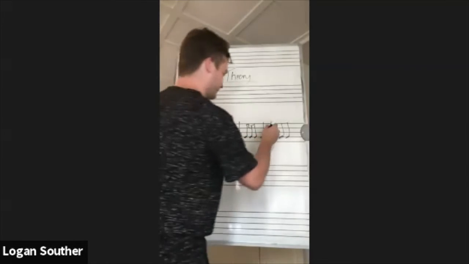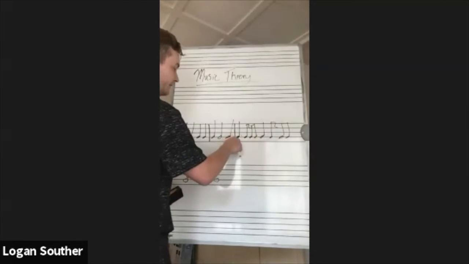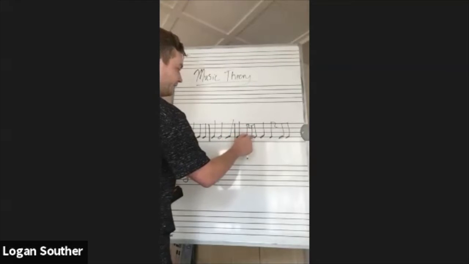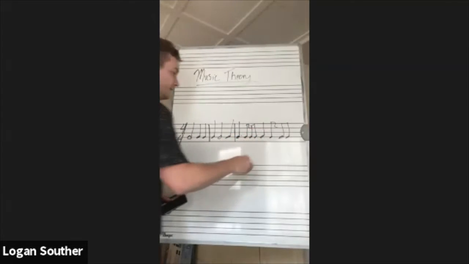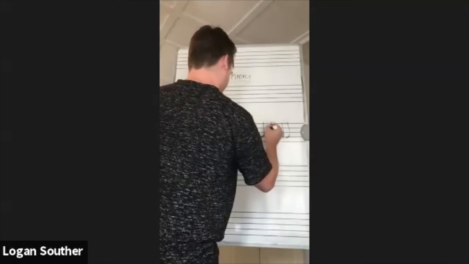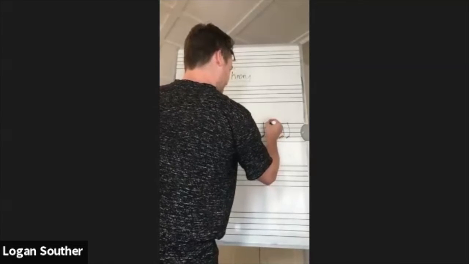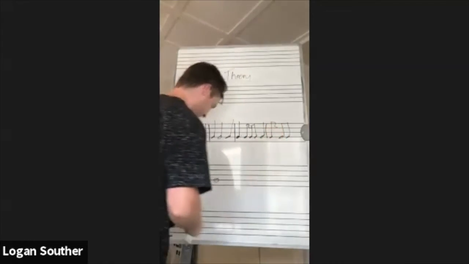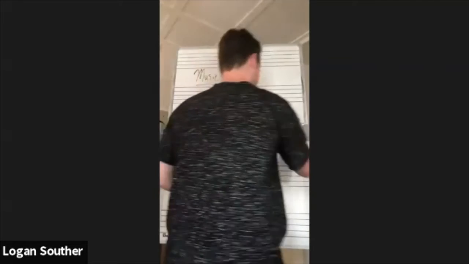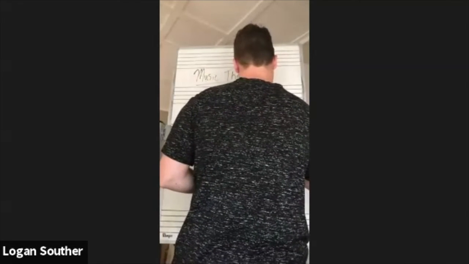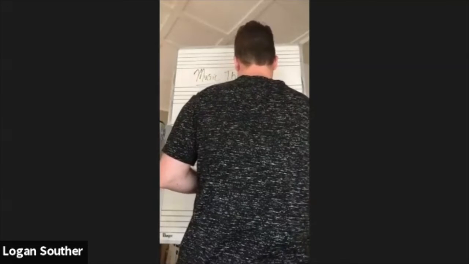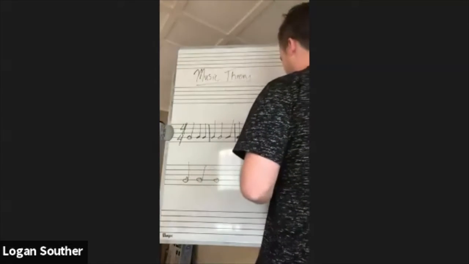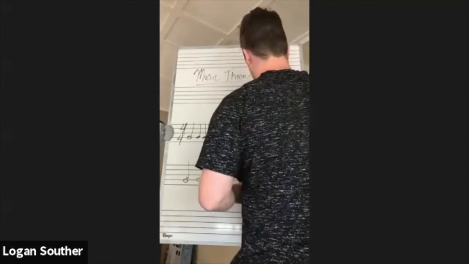Should be just a regular quarter note there. So 1 and 2 and 3 and 4 and. So after that and, we'll draw our bar line there. 1 and 2 and 3 and 4.